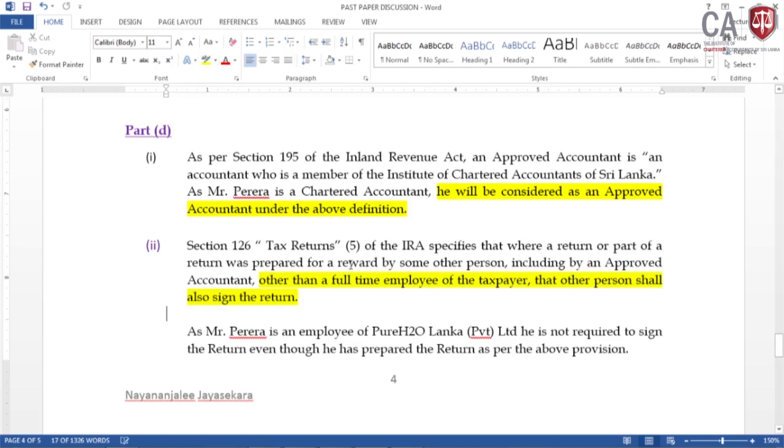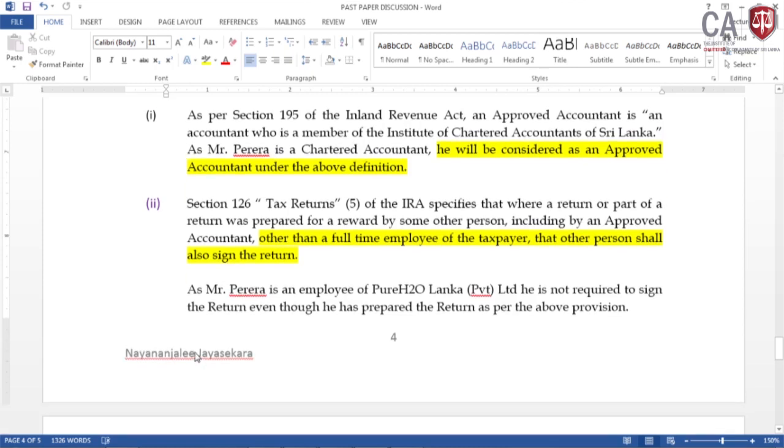Now, as per the information provided, Mr. Pereira is a full-time employee. At that point, you need not sign the return. That means Mr. Pereira shall not sign the return. As Mr. Pereira is an employee of PHP Lanka Private Limited, he is not required to sign the return, even though he has prepared the return, as per the above provision.